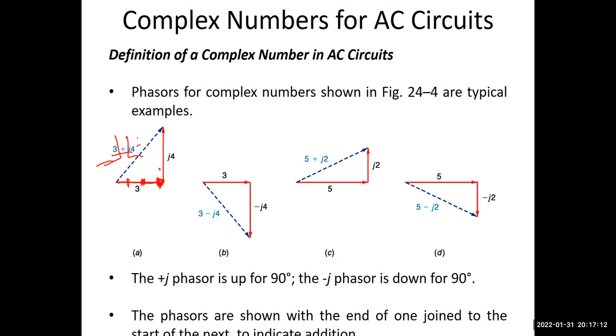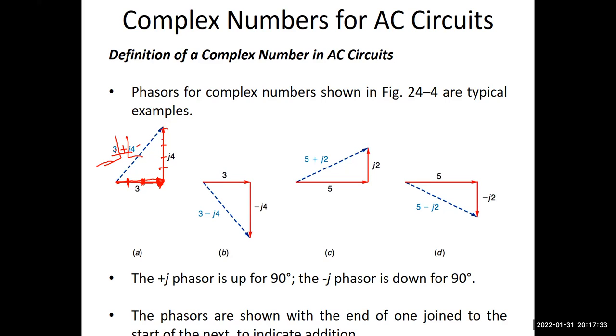So this means that 3 plus J4 is equal to 3 units to the right dahil positive siya. And then dahil positive yung J4 natin, so that will now be 4 units up. So 1, 2, 3, 4. Okay. So 4 units up.